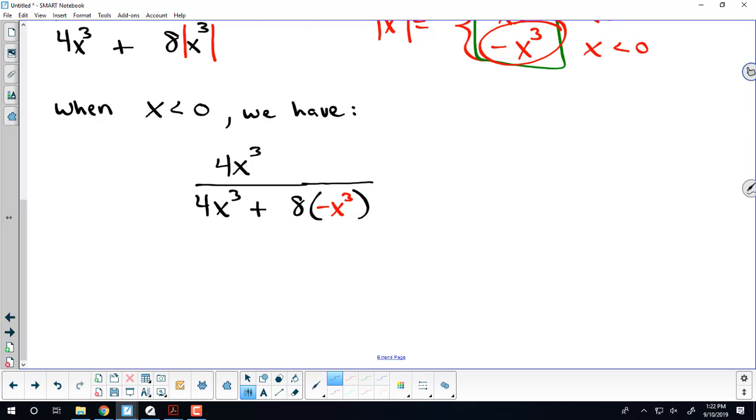So we'll just simplify this a little bit further. We have 4x cubed over 4x cubed. Well, let's just complete the denominator. We have negative 8x cubed plus a 4x cubed, so we have a minus 4x cubed on the bottom. So it just simplifies to negative 1.